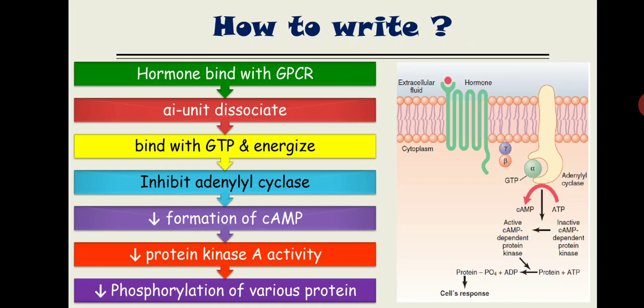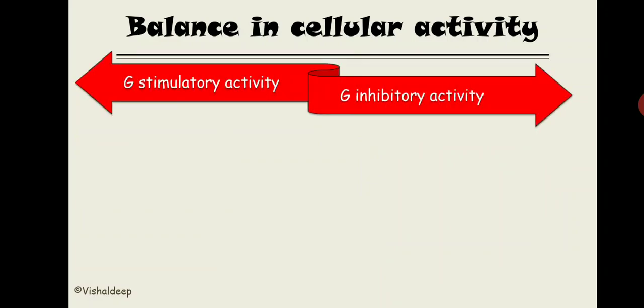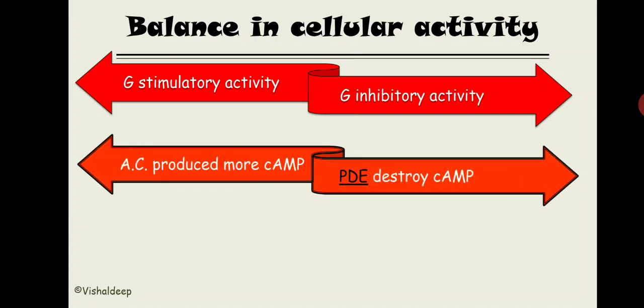So you can see that the G stimulatory protein is stimulating the cell. On the other hand, the G inhibitory protein will inhibit the cellular activity. So this is how there is a balance in the cellular activity. G stimulatory activity gets balanced by, or counteracted by, G inhibitory activity. Adenylyl cyclase produces more cyclic AMP, while on the other hand the phosphodiesterase enzyme will destroy the cyclic AMP and make the balance.